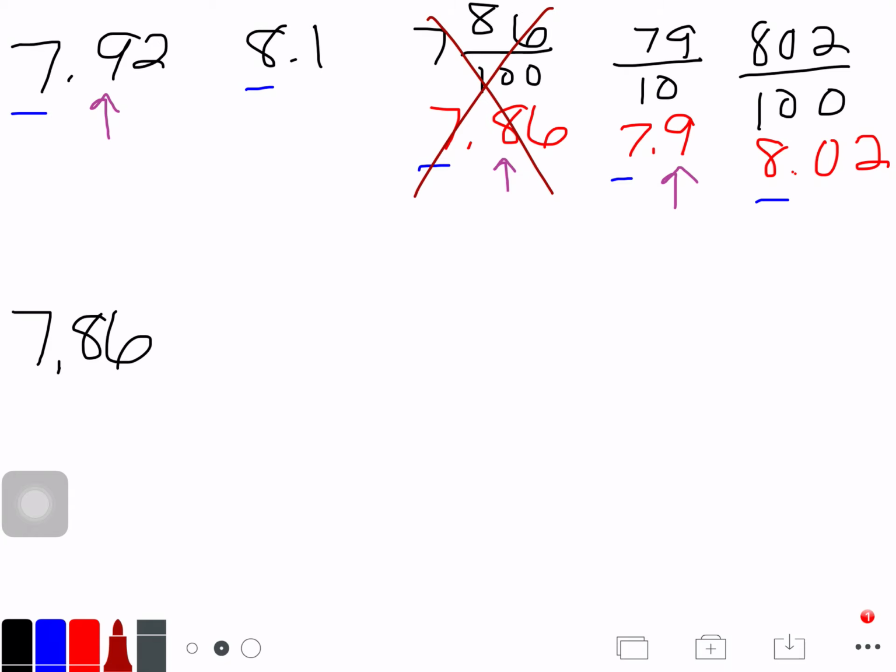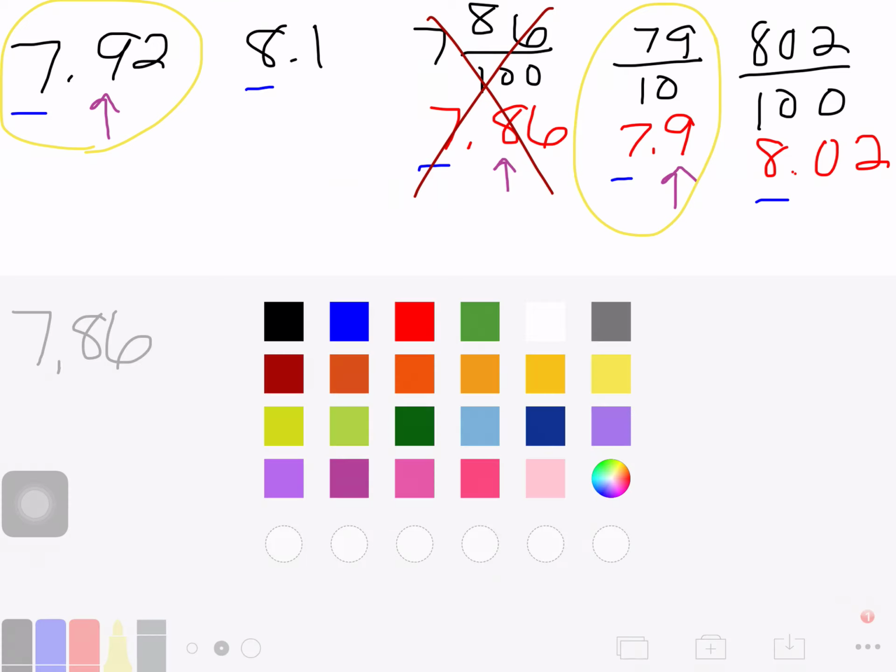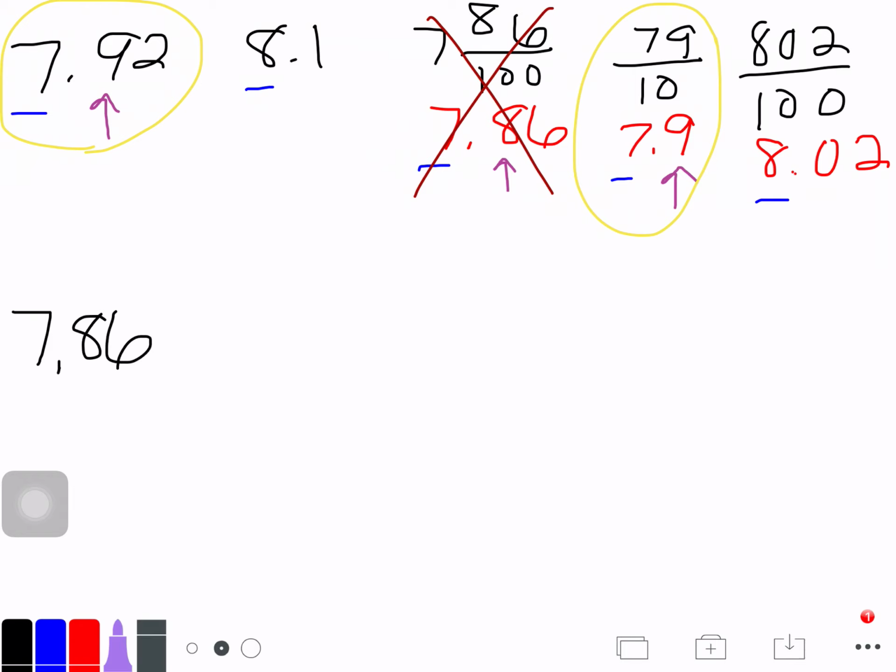So then I need to look at the two fractions that I have left that had 7s in the ones place. That would be 7 and 92 hundredths and 7 and 9 tenths. Since their tens place is the same, we're going to have to take a look at the hundredths place. There's a 2 in this one. There's a 0. If there's nothing there, it's understood to be 0 in that one.